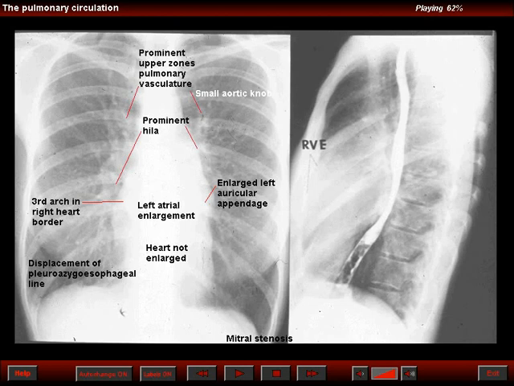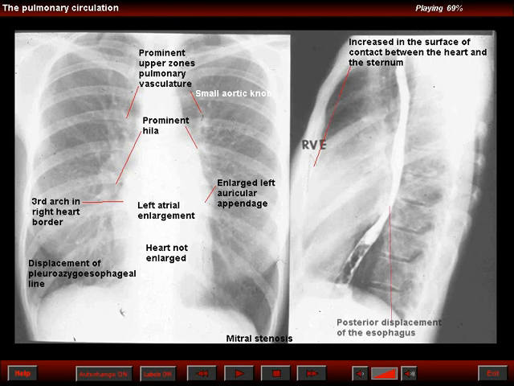The lateral view of the chest, as seen to your right, shows increase in the surface contact of the heart with the sternum due to the right ventricular enlargement, the focal displacement of the esophagus due to dorsal enlargement of the left atrium and displacement of the left atrium by an enlarged right ventricle, and we will also see more prominent vessels in the upper zones than in the lower zones.